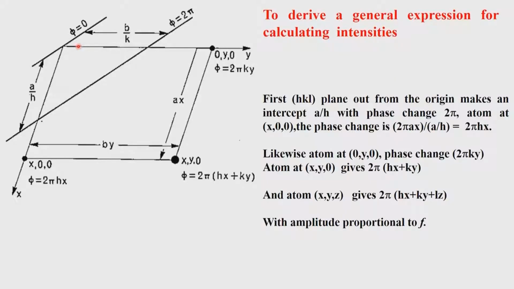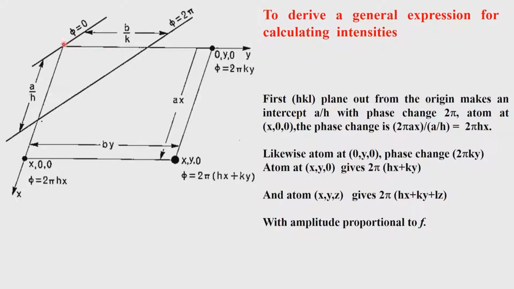But the general expression for calculating intensity will always be automatically coming, and that is obtained by this diagram, in which I show a 2-dimensional projection, x along this direction and y along this direction. This is the angle between x and y, and of course, z is coming in a direction away from the plane of the projection.